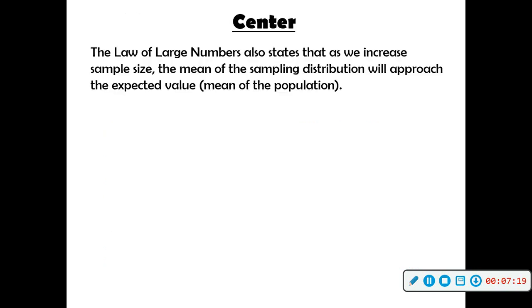So actually that law of large numbers is going to help us for our center. If we take larger sample sizes, the single value that we are getting closer and closer to is actually the true mean of the population.